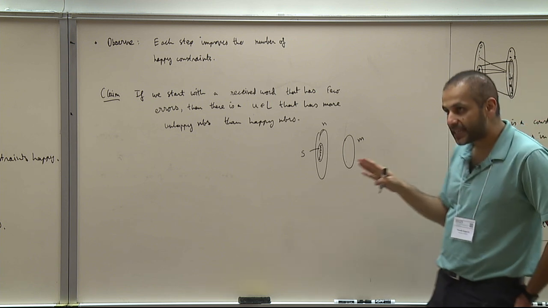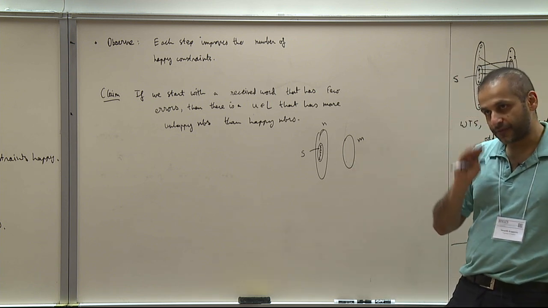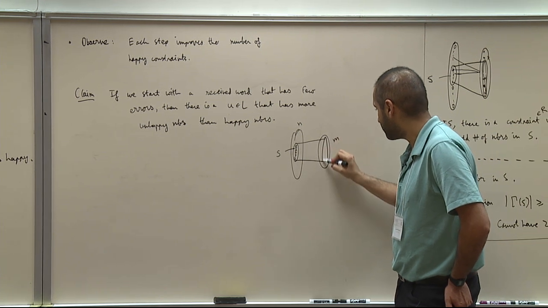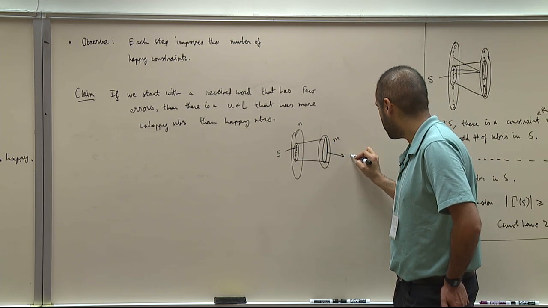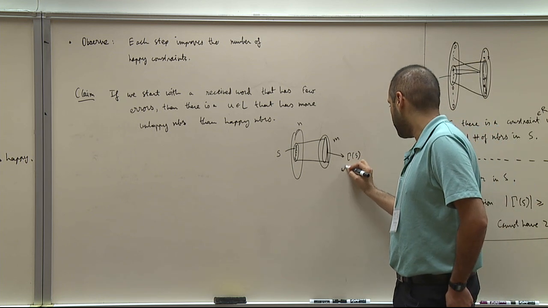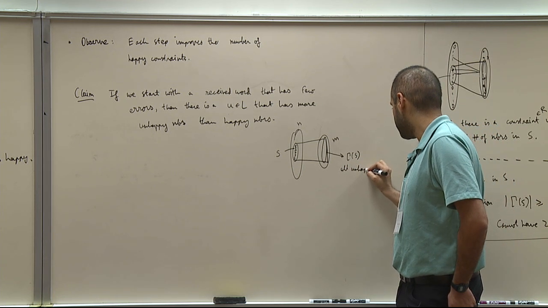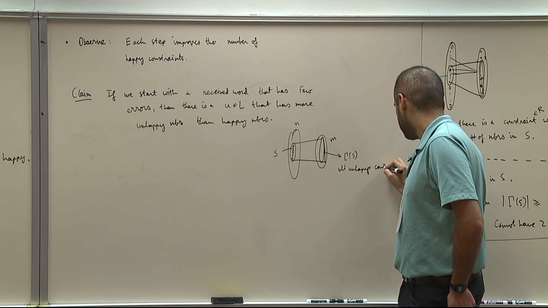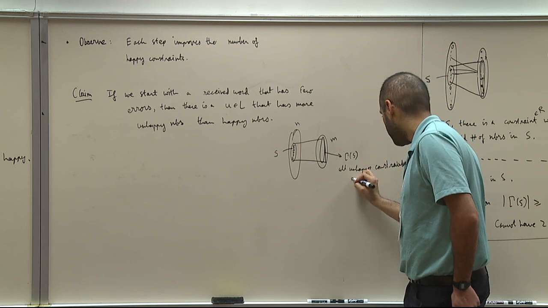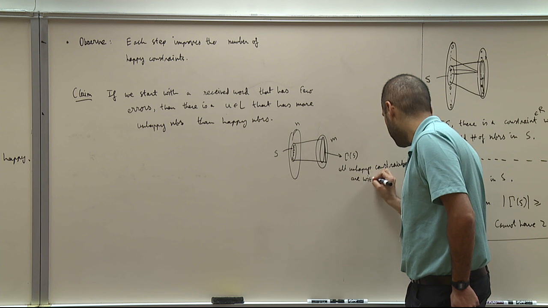So the only set of constraints that have the potential for being unsatisfied are contained within the neighborhood of S. All unhappy constraints are within this.